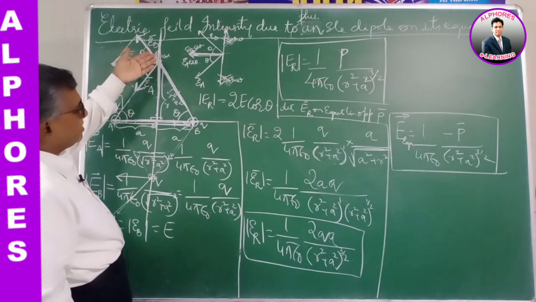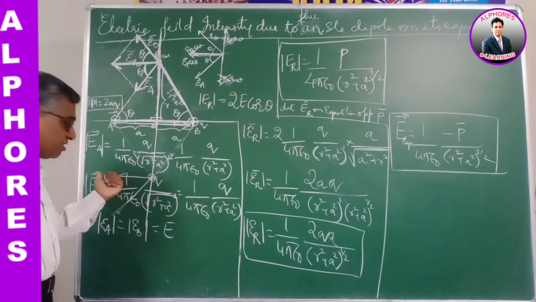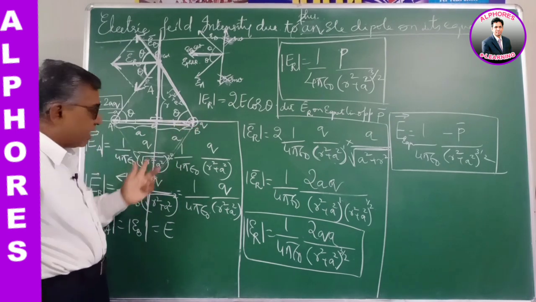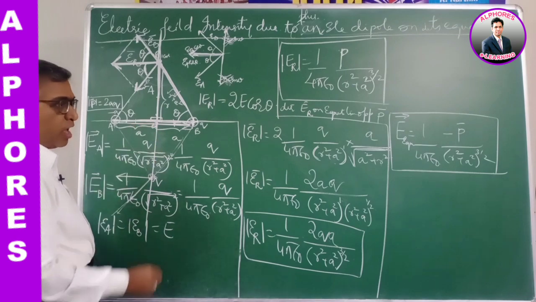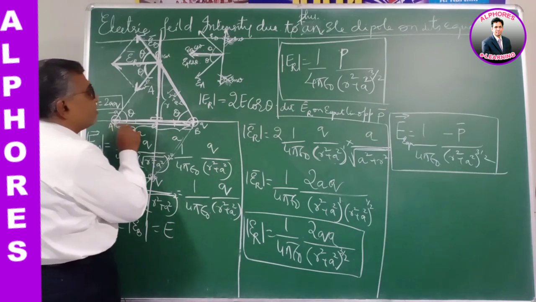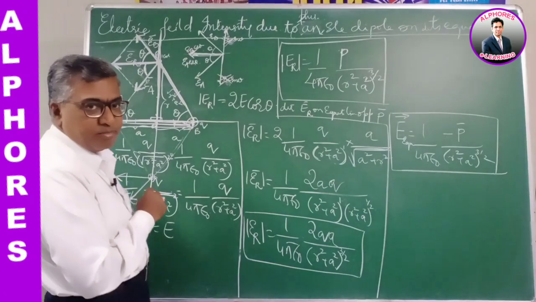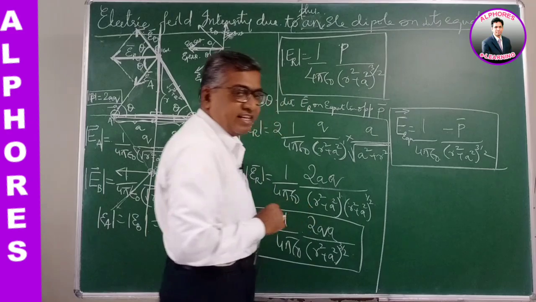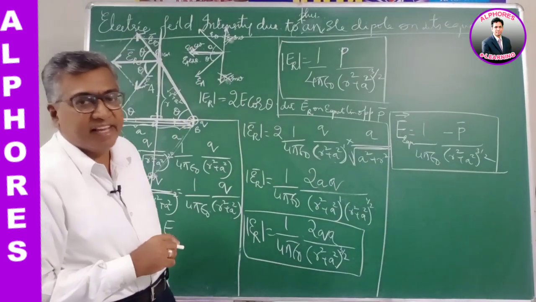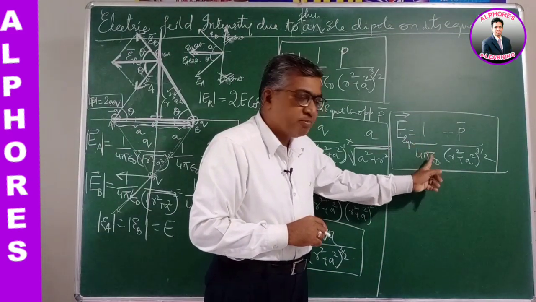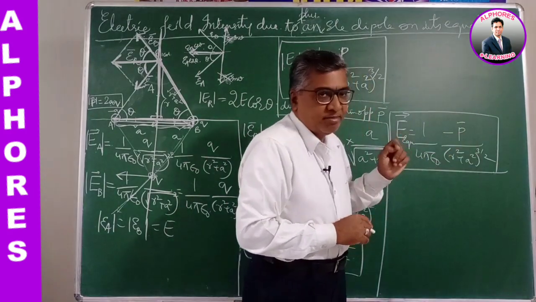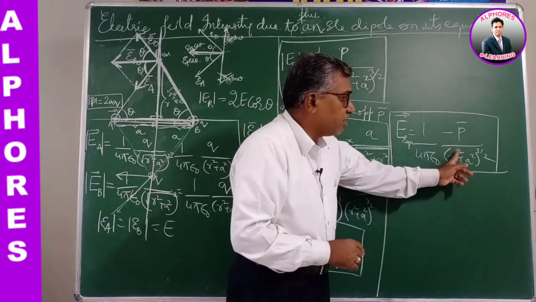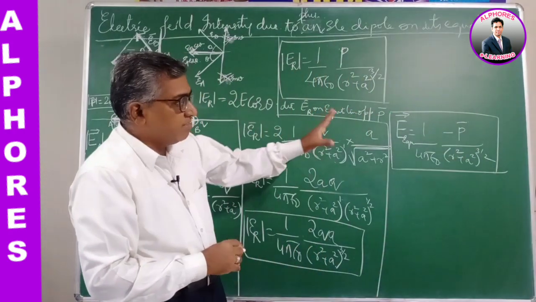So whether it is on that side or this side, the direction of the resultant electric field will be parallel to the line joining the charges, parallel to the dipole, and directed opposite to the dipole moment of the dipole. Hence we can write the resultant electric field intensity on the equatorial line as 1 by 4 pi epsilon naught minus of P, so opposite to the direction of the dipole moment, minus P by (R square plus A square) whole power 3 by 2. So this is the vector form.